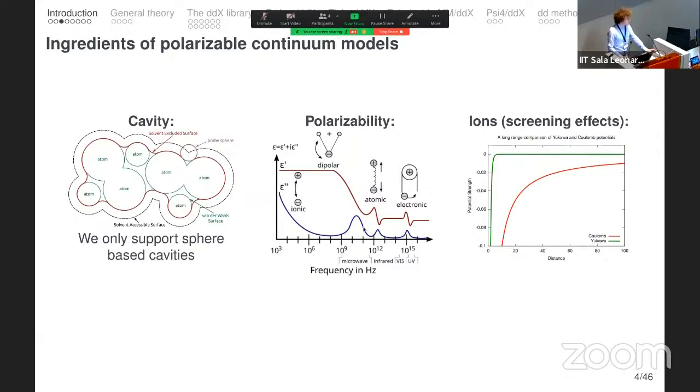The polarizability is an experimental quantity, so it's really nice because it already takes into account all the degrees of freedom of the solvent. It's a macroscopic quantity, so it's really convenient to use that. And then we can add ions on top, so we introduce screening effects. Here I'm reporting some comparison between the Coulomb kernel and the screened, the Yukawa kernel. As you can see, whenever we add ions, everything becomes short range in some sense.